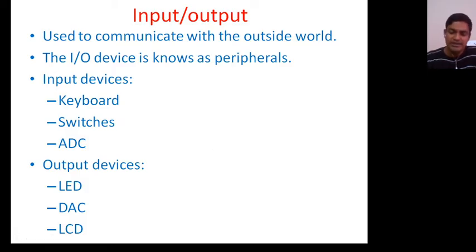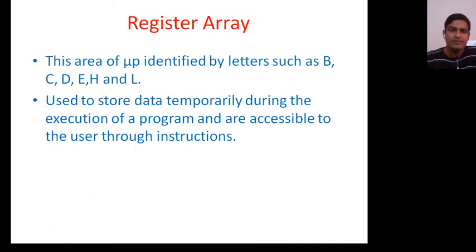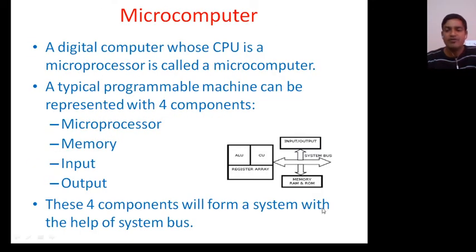So this is all about your microcomputer. What is the ALU, what is the control unit, what is the register array, what is the input output device, what is memory, and now the system bus. Okay, what is the function of the system bus? What do you mean by bus?